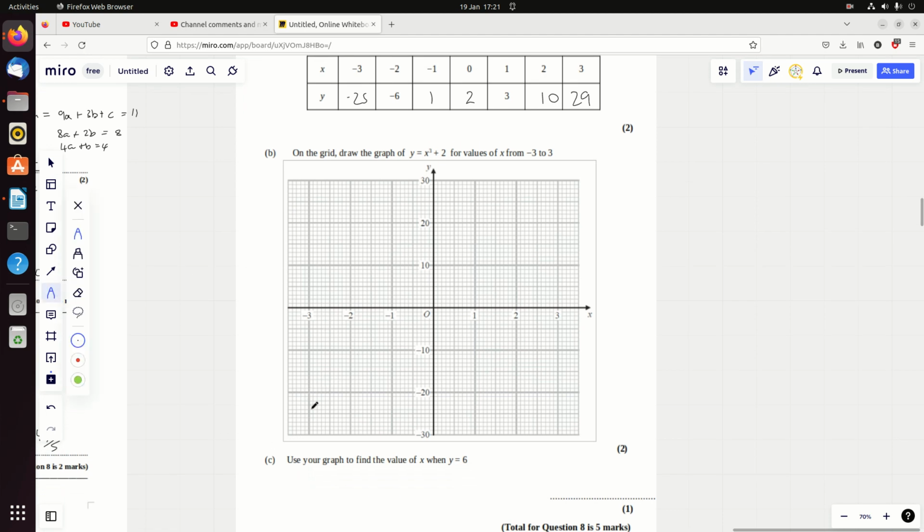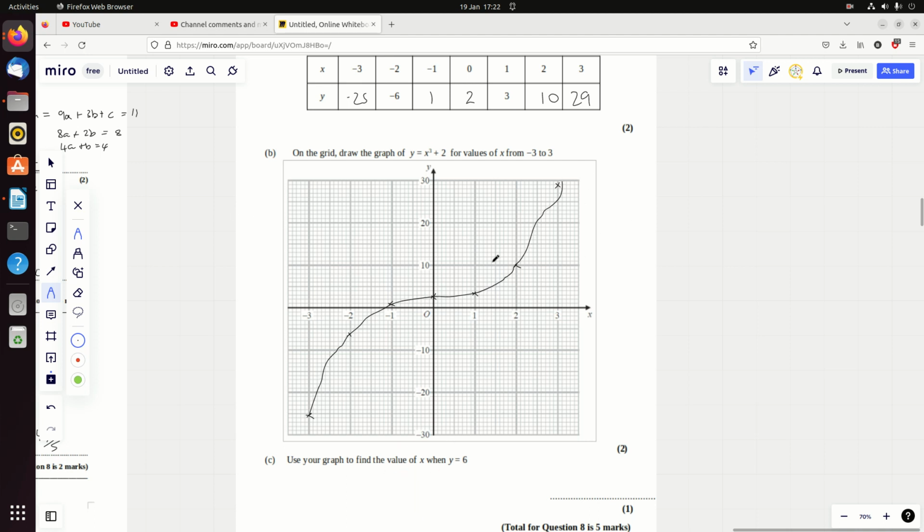Minus 3, minus 25, minus 2, minus 6, minus 1, 1, 0, 2, 1, 3, I hope I'm getting these right, 2, 10, 3, 29. They do care about accuracy, don't think they don't. Then a smooth curve through the points showing a lovely looking cubic. Sorry about the wonkiness at the end there.